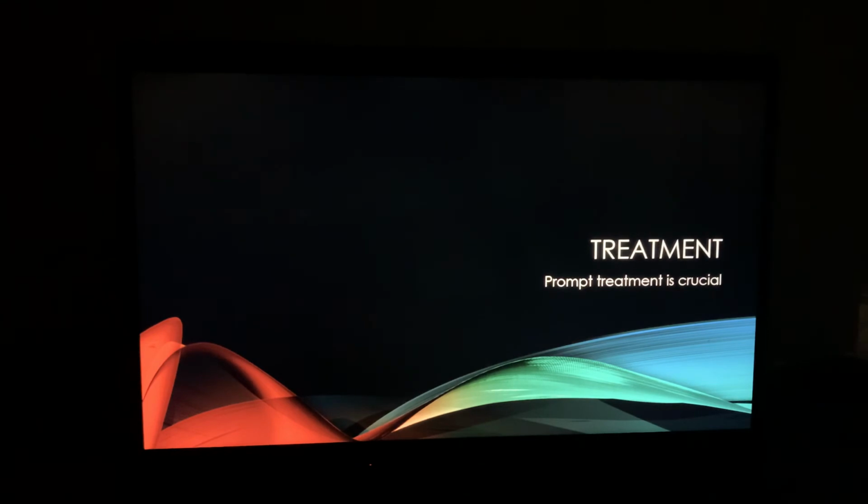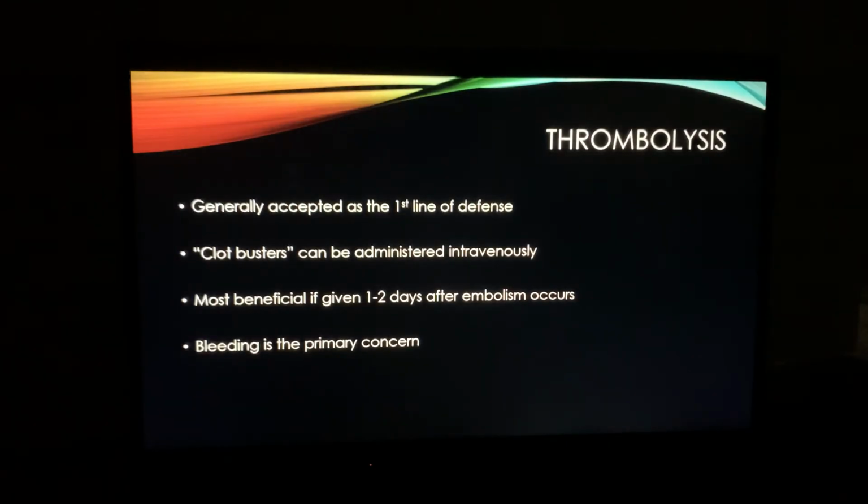Prompt treatment is crucial. The treatments include thrombolysis, which is generally accepted as the first line of defense. Clot busters can be administered intravenously, and it's most beneficial if given 1 to 2 days after the embolism occurs.